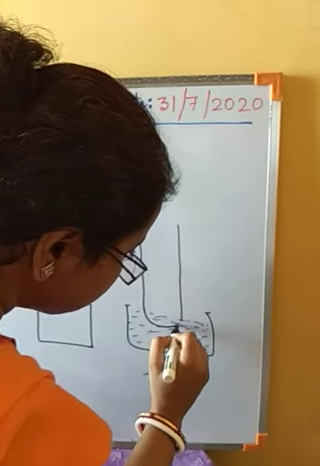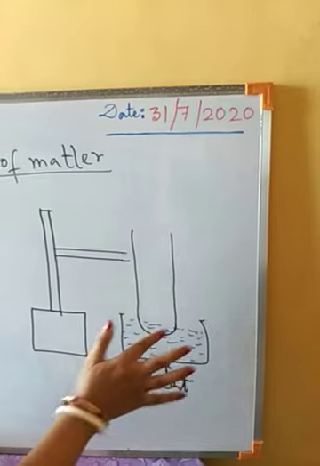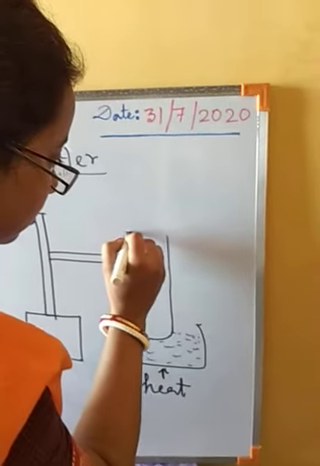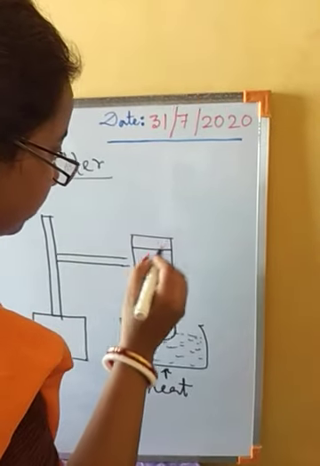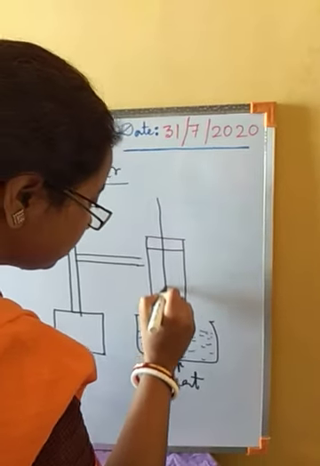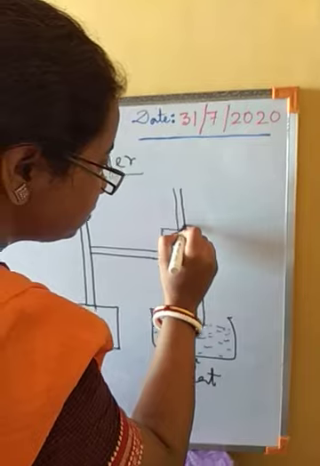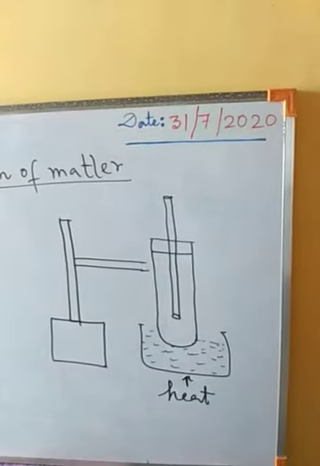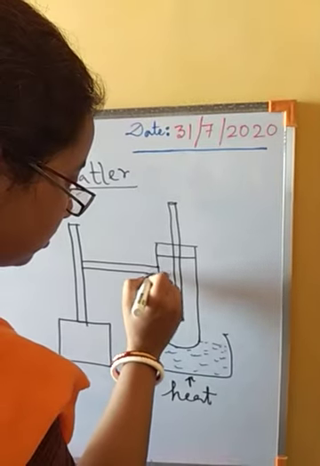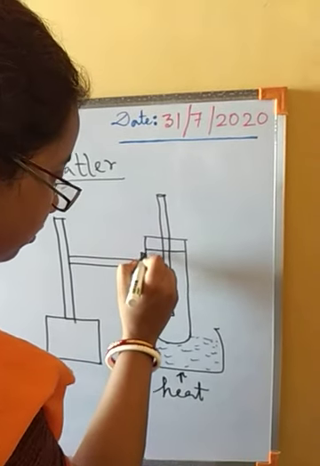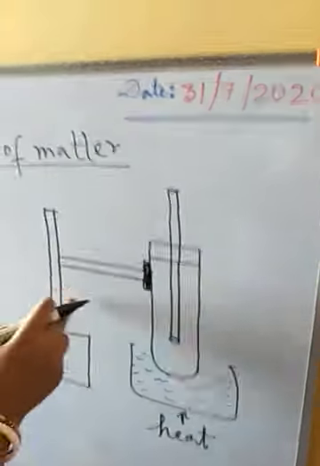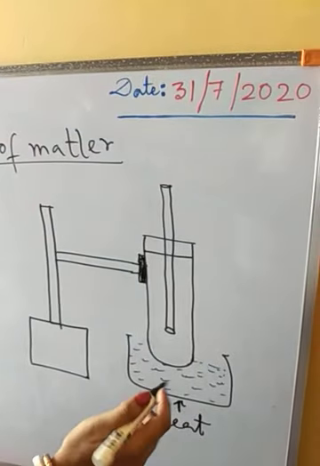See, this is the test tube. This is the capillary, suppose. To fix the test tube, we have used this clamp.